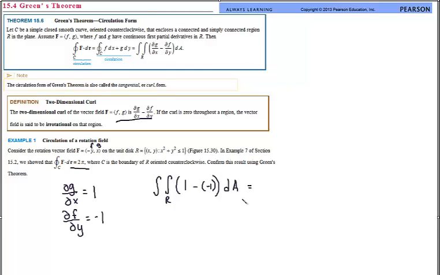This is just going to be the area of my R. So the area of this circle of radius 1 is going to be pi. So I don't guess I have to do anything. There it is. Okay.